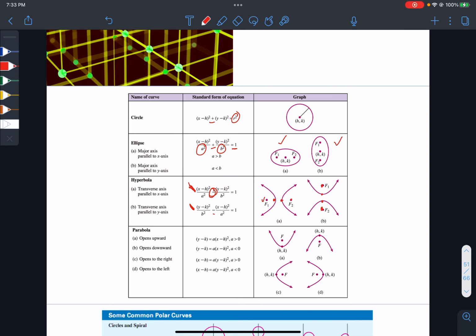Okay. So for the parabola, this would be our format.